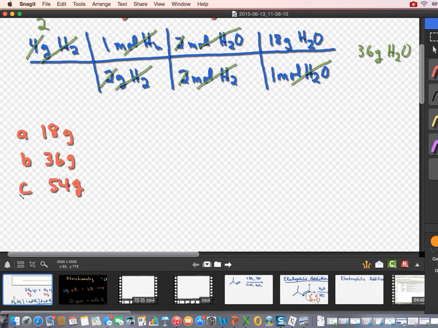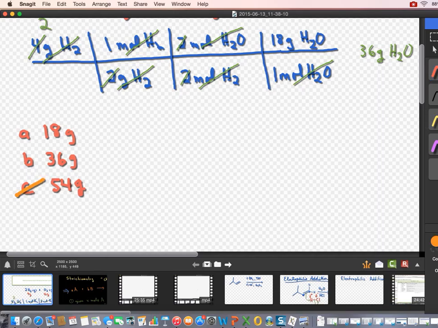And what is cool about this, in my opinion, is that I've eliminated an answer by only doing half the work on the problem. And then, of course, D is 72 grams. Again, that cannot possibly be correct. So we need to go to the other half to distinguish between answer choice A and B.